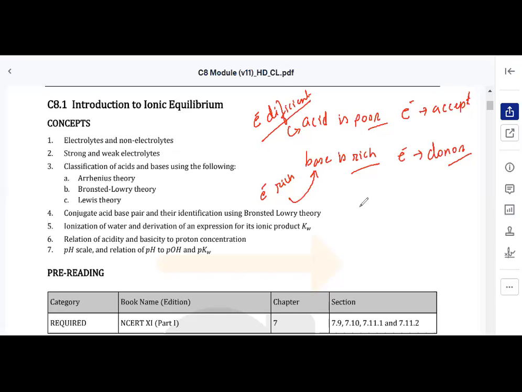Let's see an example of AlCl3. When we talk about AlCl3, Al has a vacant p atomic orbital, so it is electron deficient. So is it Lewis acid or Lewis base?